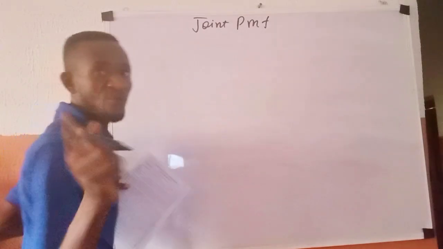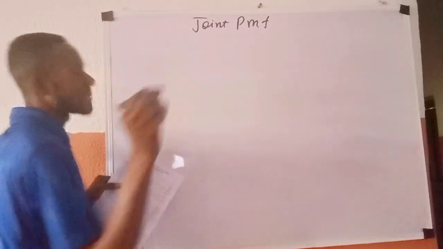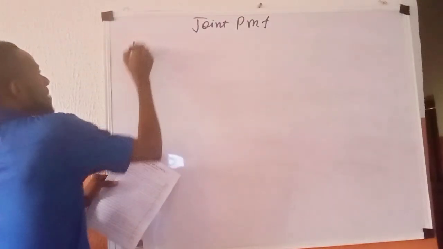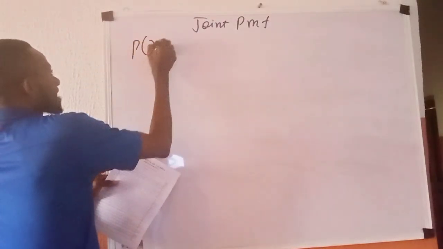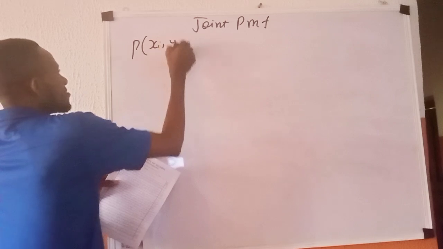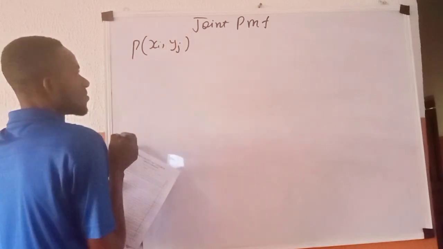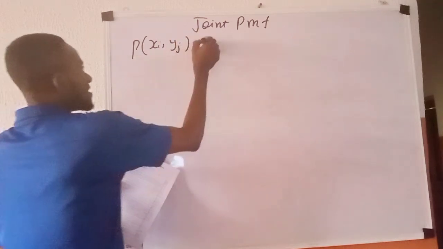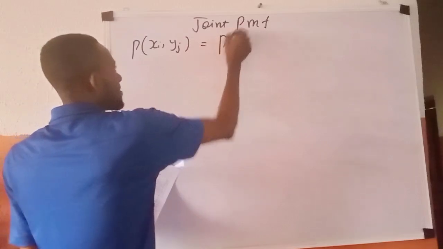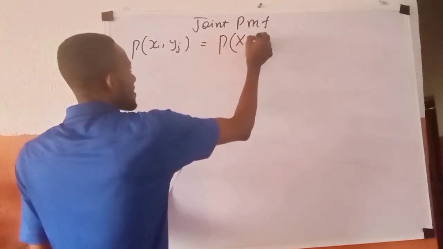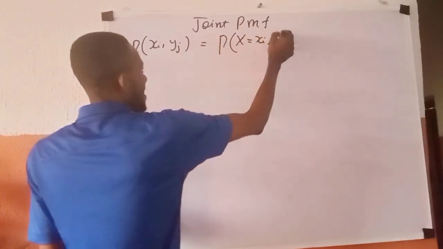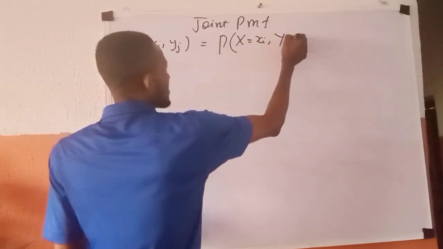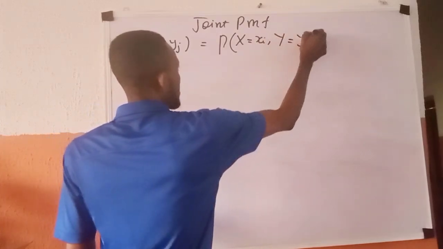When we define a probability this way, probability of (xi, yj), which of course is the same thing as the probability that capital X takes a value xi and capital Y takes a value yj.